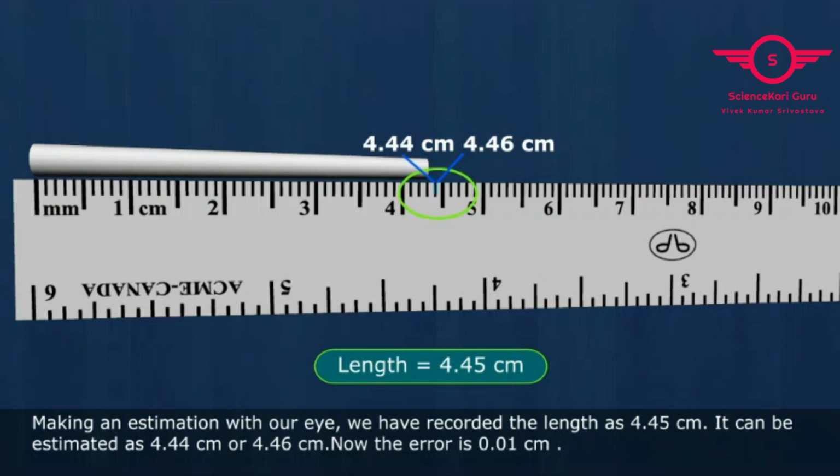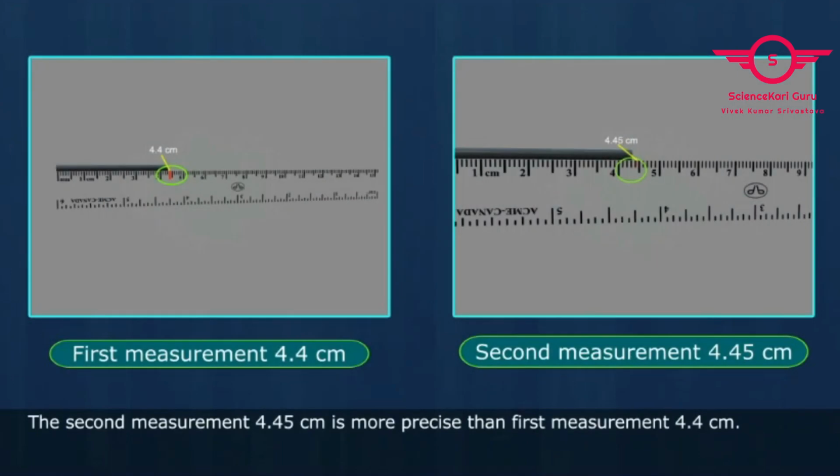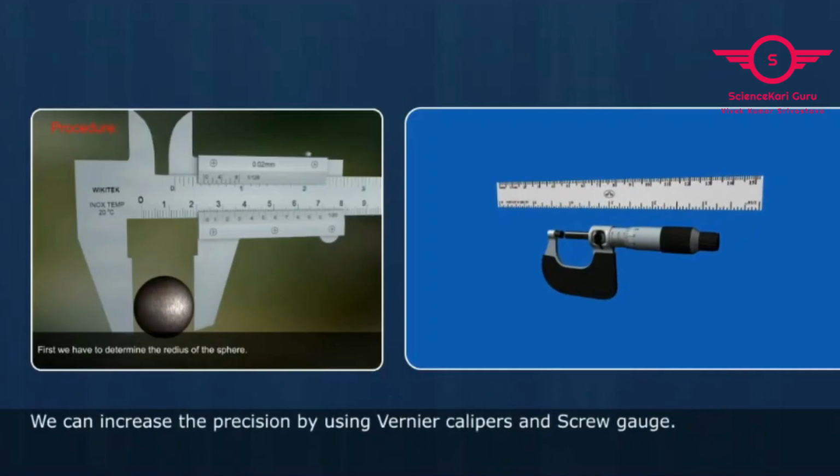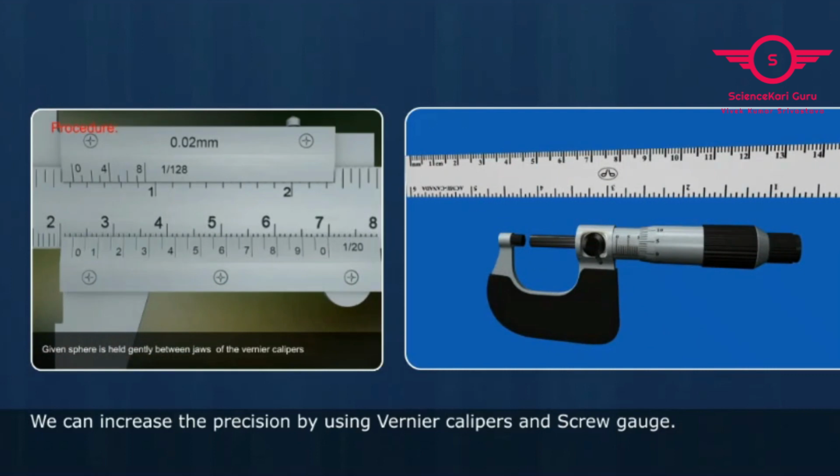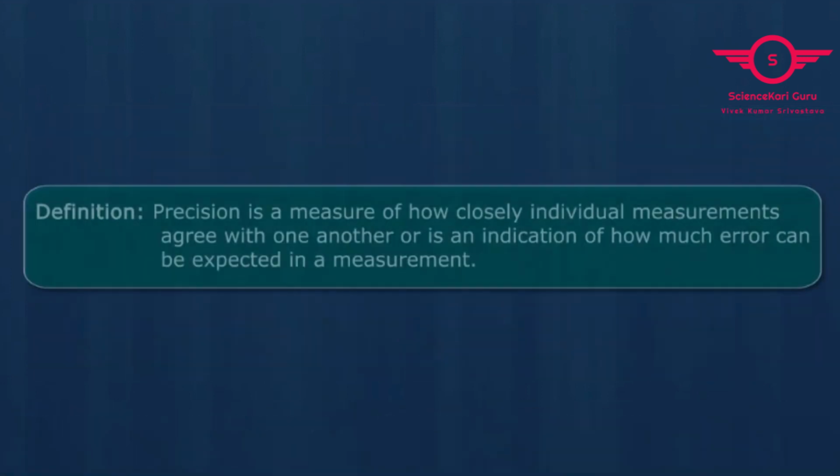Now the error is 0.01 centimeter. The second measurement, 4.45 centimeter, is more precise than the first measurement, 4.4 centimeter. We can increase the precision by using vernier calipers and screw gauge.